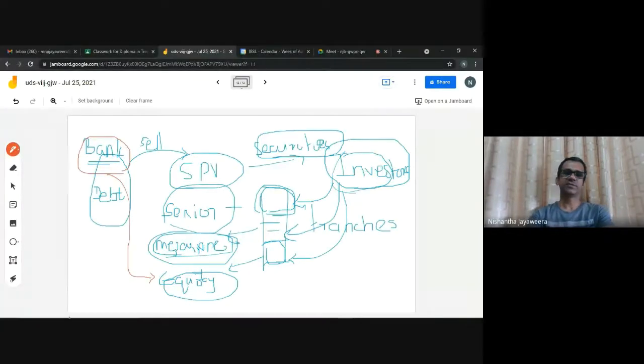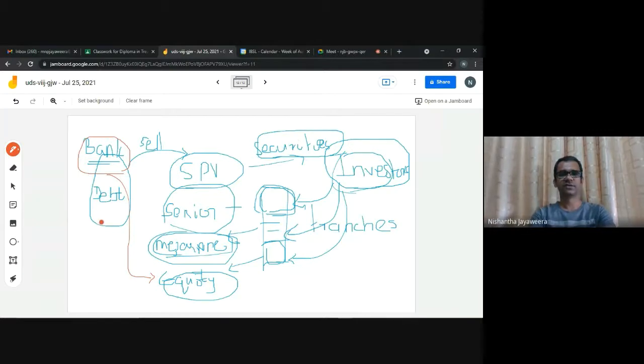So once this happens, I'll explain the mechanism. The bank has a portfolio of debt, say mortgage loans. Then we appoint another party called a servicer.